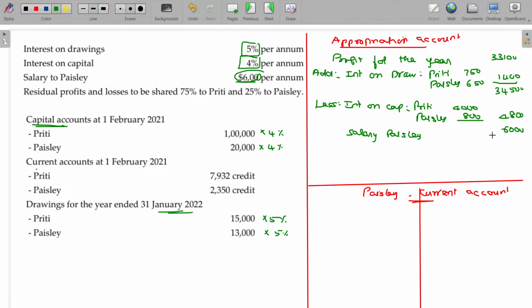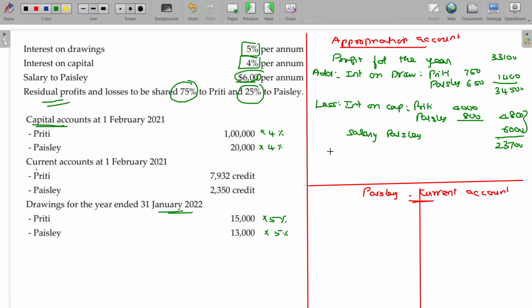Now the total value to be subtracted here being 10,800. You have to subtract these two. 23,700. This should be shared between the partners. The residual profit and loss to be shared in the ratio of 75% to Preeti and 25% to Paisley.